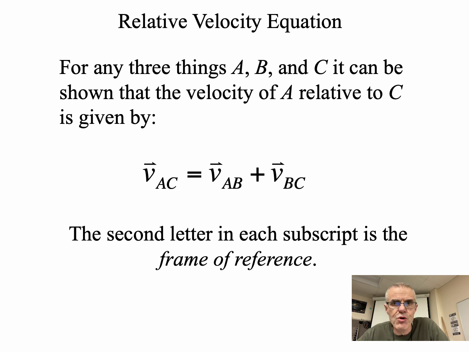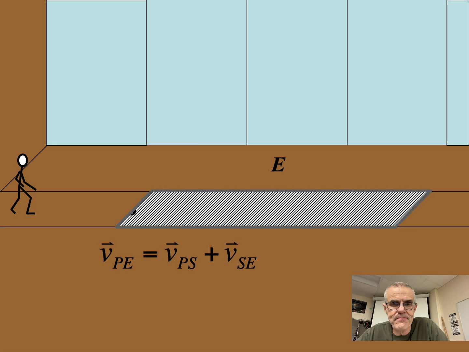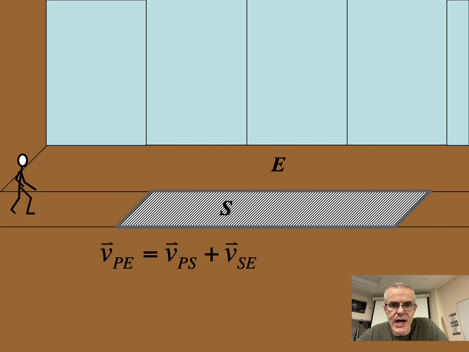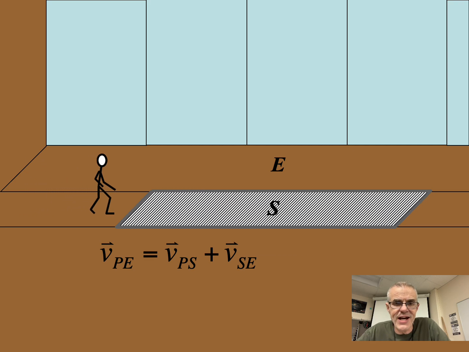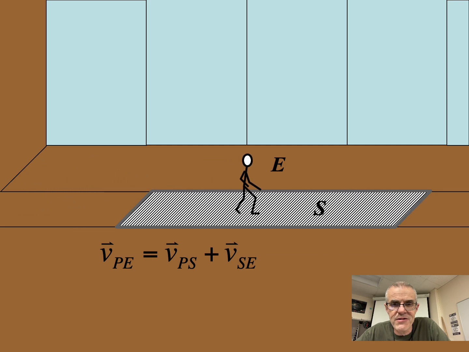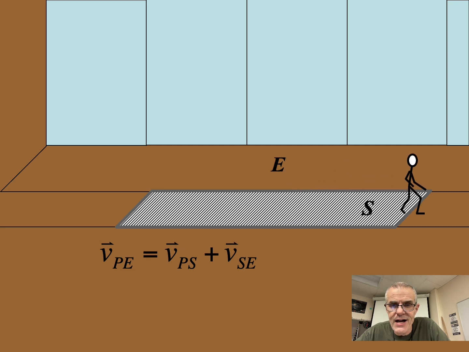Let's go back to our moving sidewalk example. So here I've got pretty much the same animation, but I added the letter S to the sidewalk to make it easier to follow. And here goes my guy.